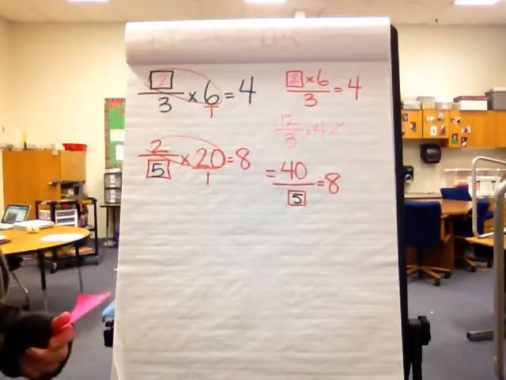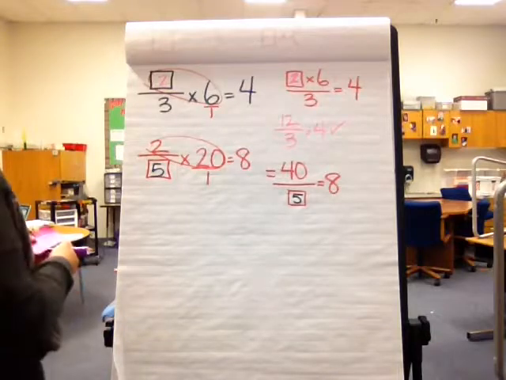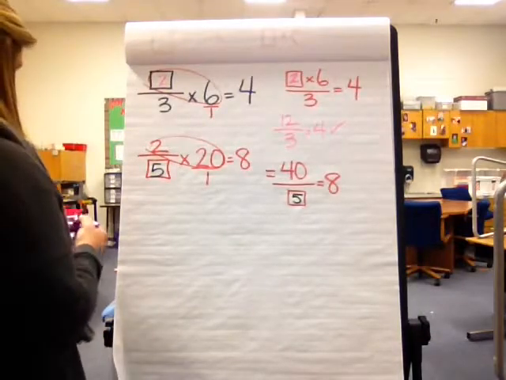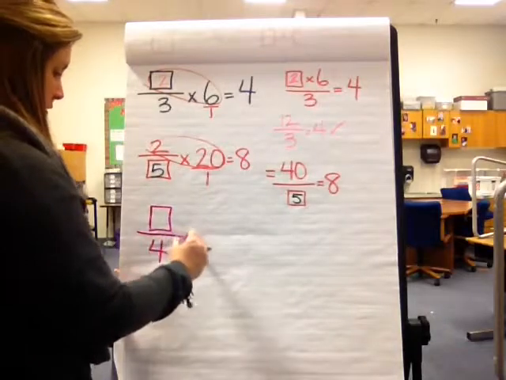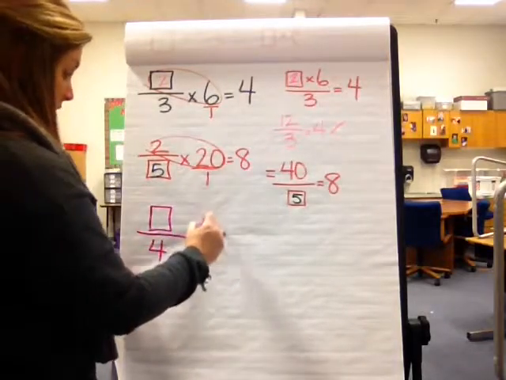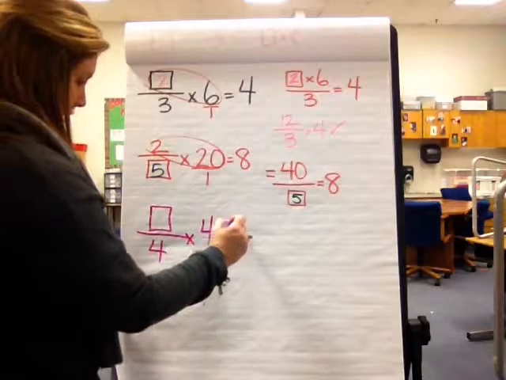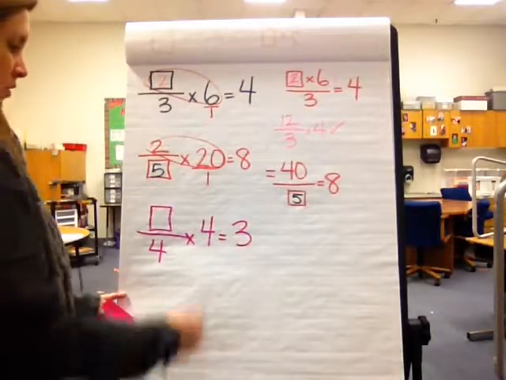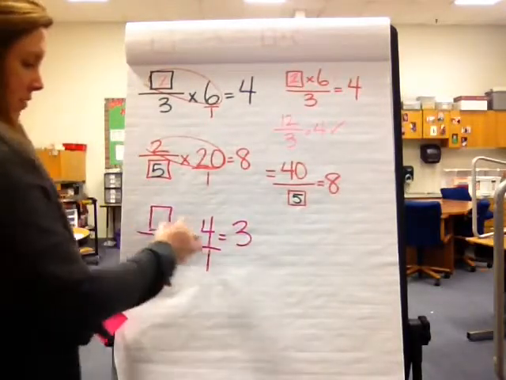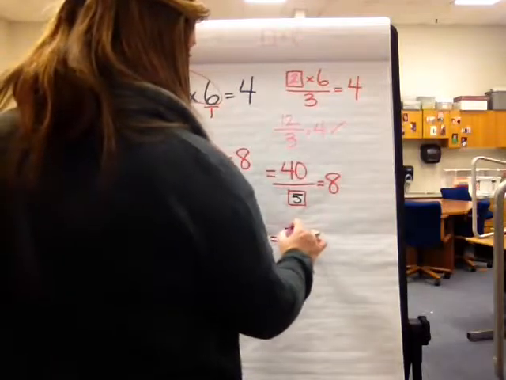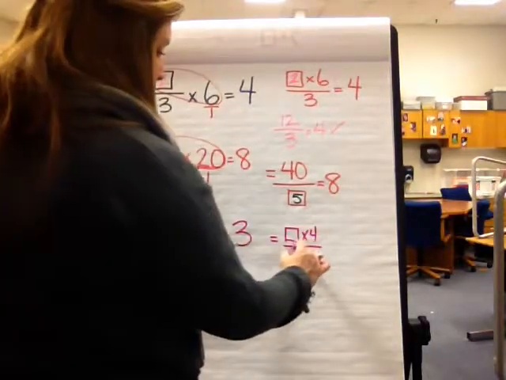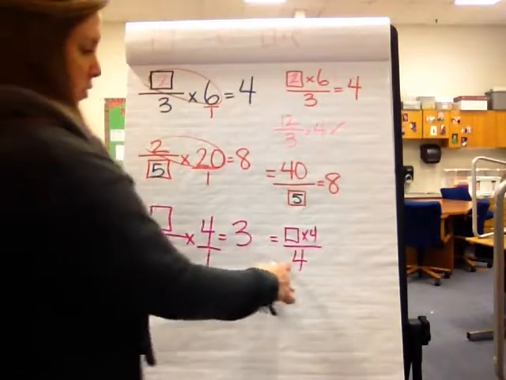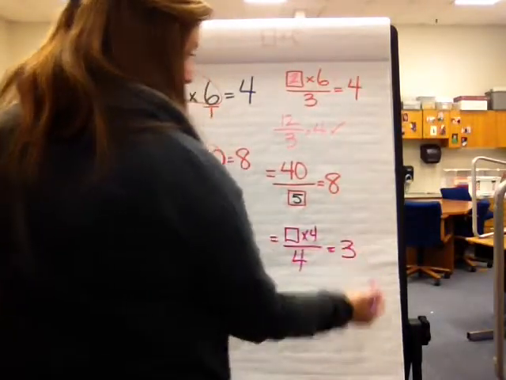All right, last example. Blank times 4. Blank 4 times 4 is 3. I'll put that something times 4, divided by 4, because 4 times 1 is 4, is 3.